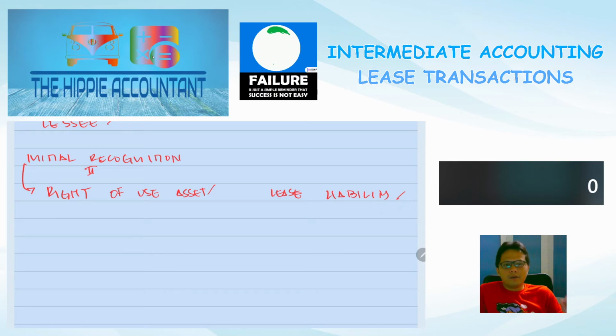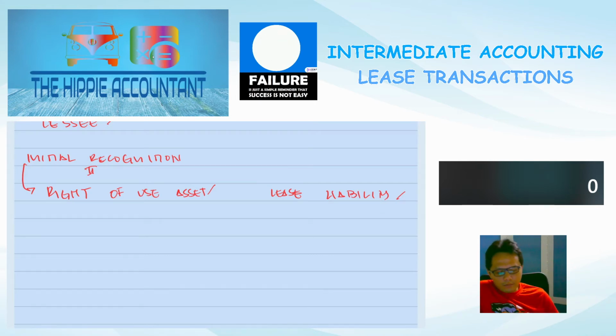Okay? Pag makuha natin yan, if we know the concept on what are those components of the right of use asset and what are the components of those considered as lease liability, then medyo okay na tayo. Okay? Dito lang talaga tayo medyo magiging komplikado because we really need to understand and internalize these components.